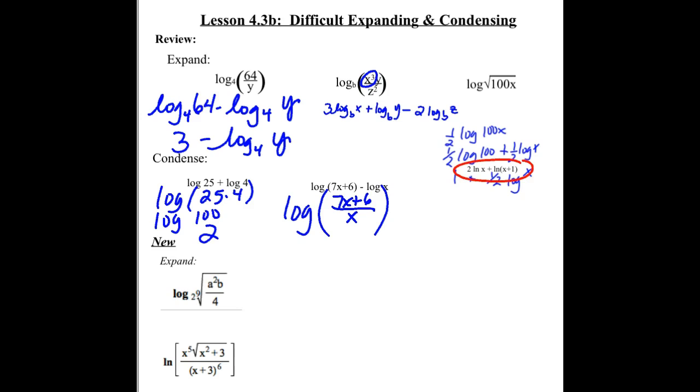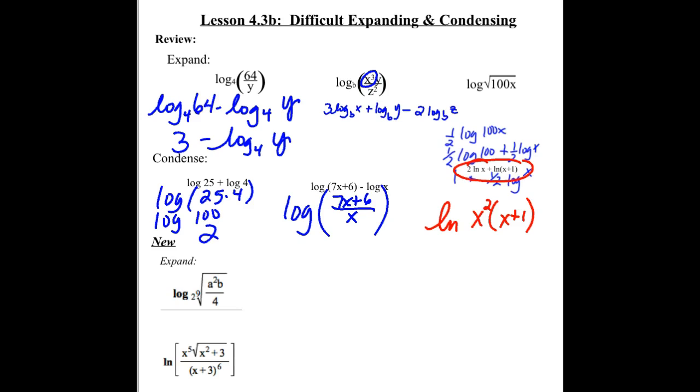All right, this one. 2 natural log of x plus natural log of x plus 1. What can we do? Natural log x squared. Okay, so this 2 is going to go back as a power. All right, we have x squared. Yep, and the addition condenses back into multiplication.